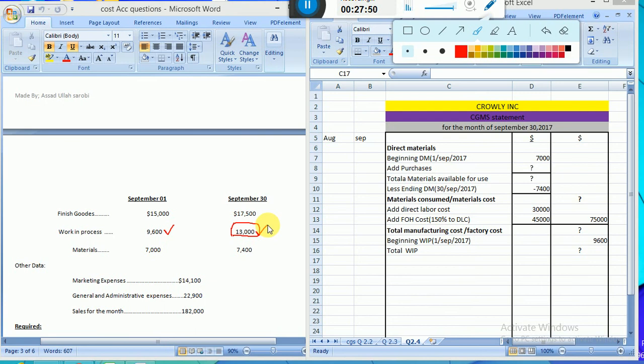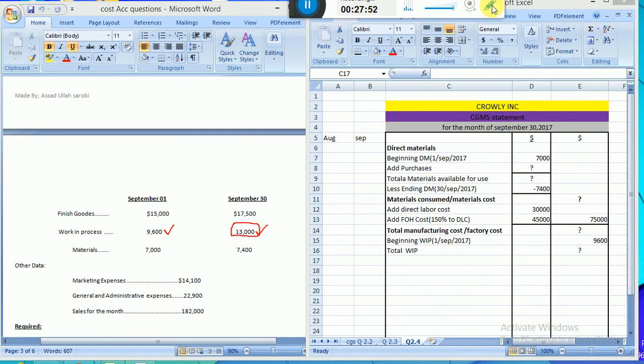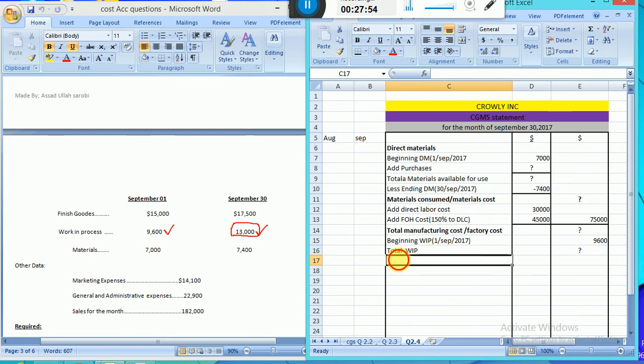This is not used, not converted into finished goods. So this is called ending work in process. Ending work in process means on 30th September 2017, how much work in process is left? So we will subtract the $13,000.